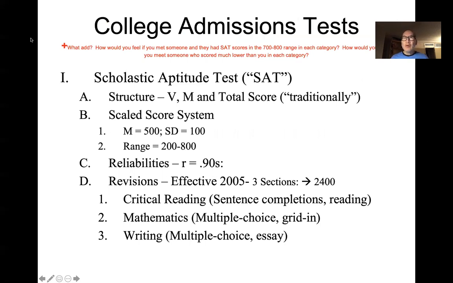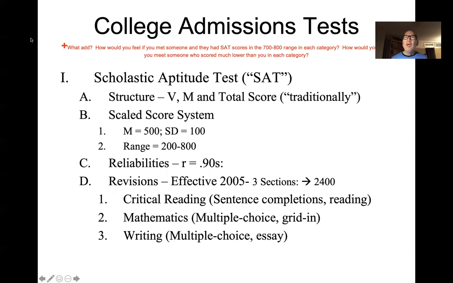All righty, let's talk about the big one here, the SAT, which American students generally have to take for most universities, although that's starting to change with an increasing number of universities dropping the SAT. But let's talk about the SAT as it's structured.